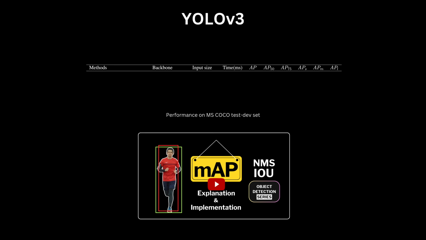For Coco dataset, we use the AP metric, which captures average precision at a range of IOU threshold values. AP50 here captures average precision metric at 0.5 IOU threshold. I've covered AP metric in detail in one of my earlier videos, so do take a look at it if you are not familiar with it.